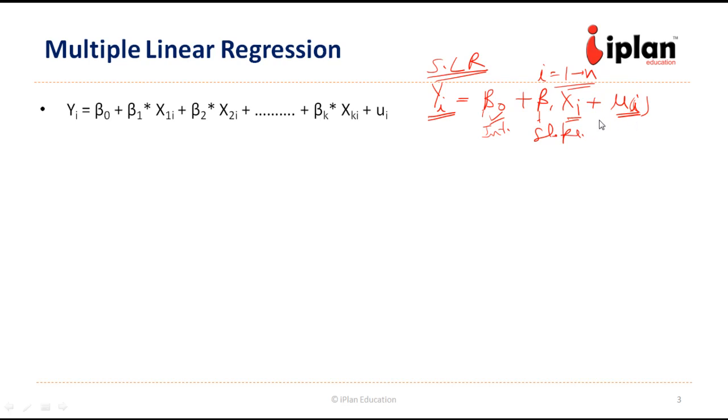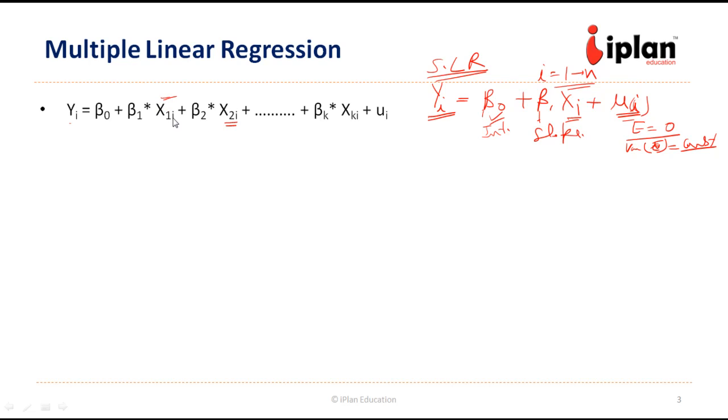And there were certain assumptions in this model as well, which were the error term has to be normally distributed, its expectation must be 0, its variance must be constant or the condition of homoscedasticity, etc. We have similar assumptions in the case of multiple linear regression as well. We will look at them separately. So if we look at this model, there are multiple independent variables.